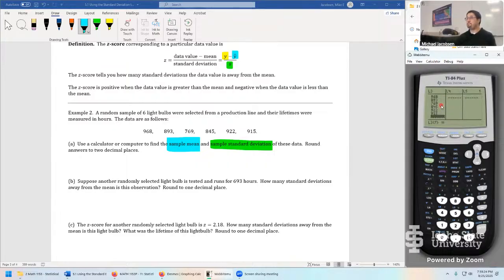Anyone need any additional time? Okay, next step, hit the stat key, go over to calc for calculate. This is the part where we hit enter a whole bunch of times.